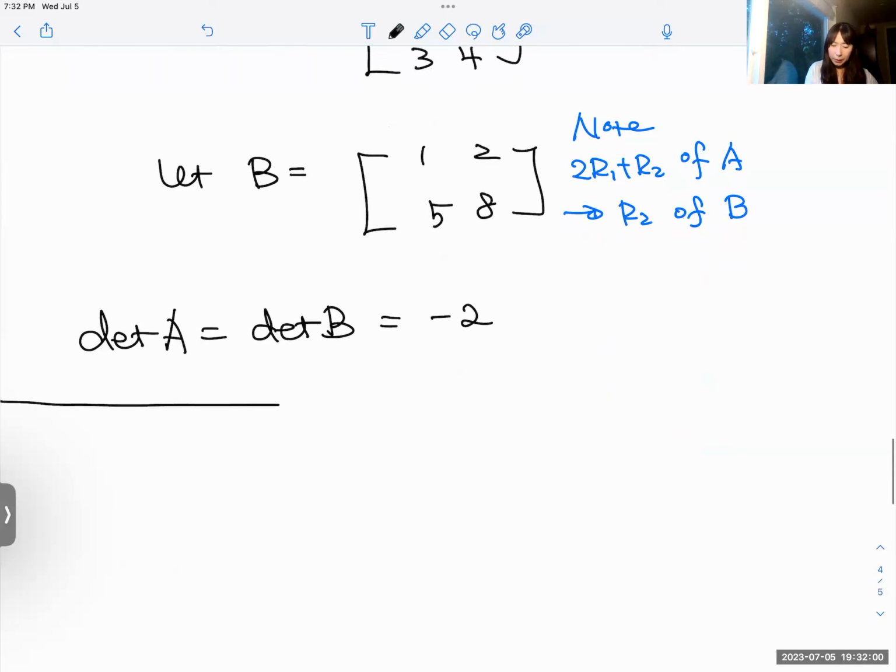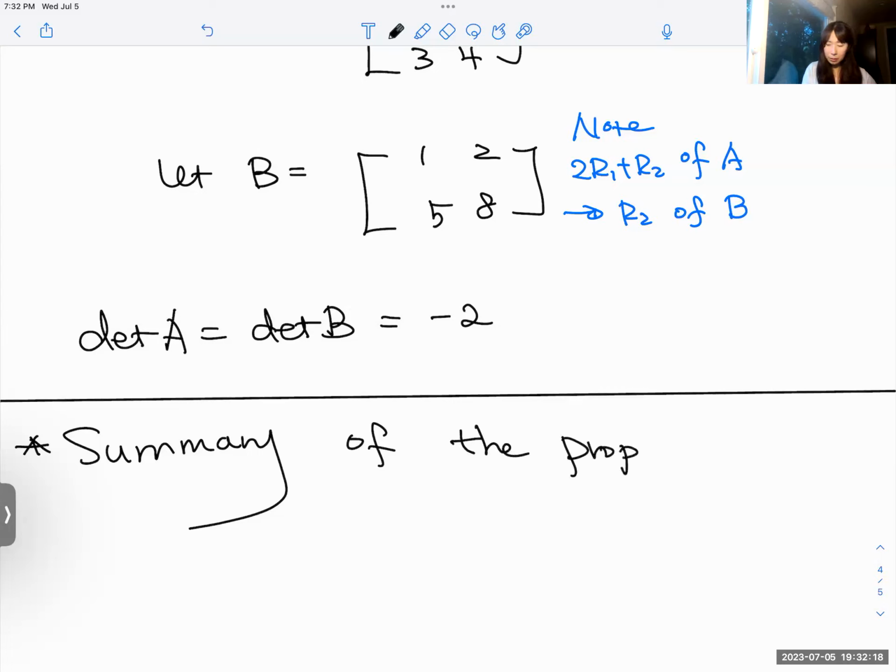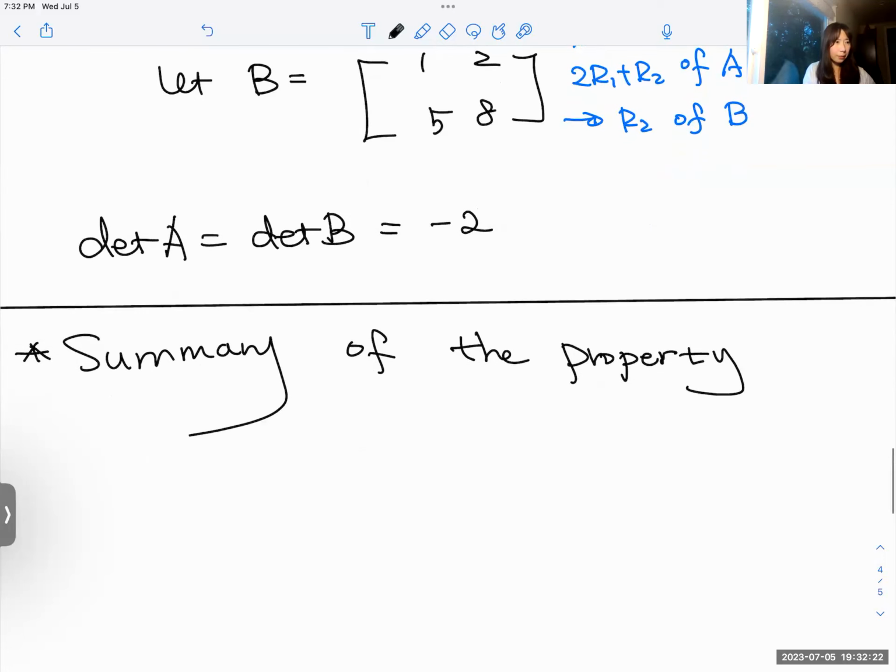So, summary of the properties. Okay, so we have interchange, right?